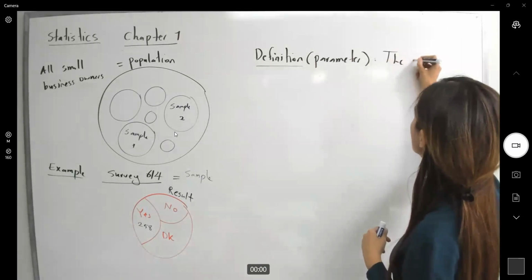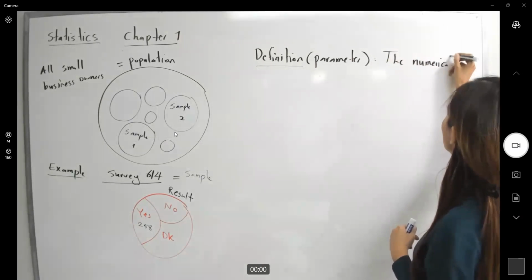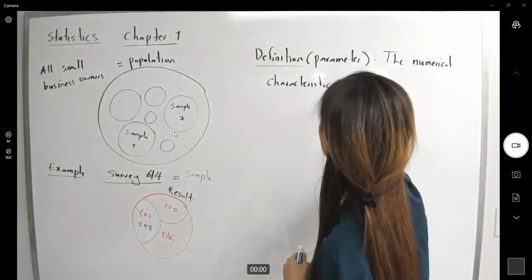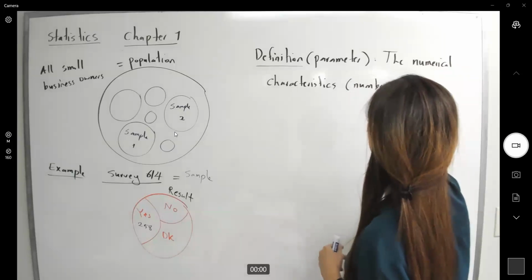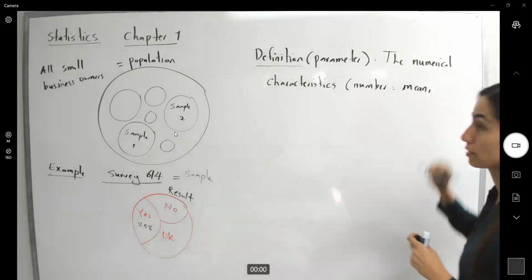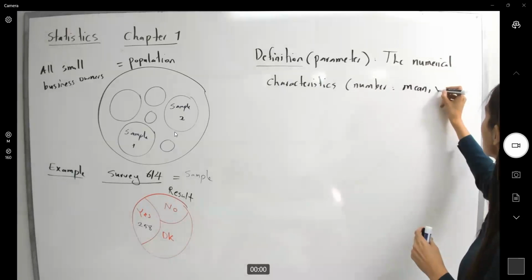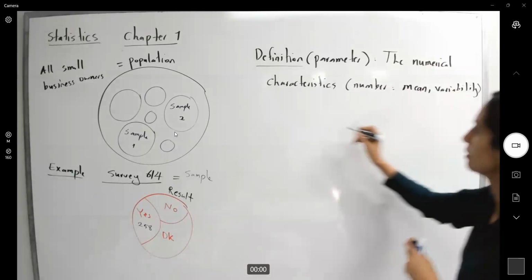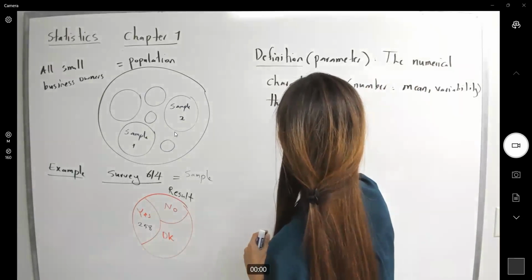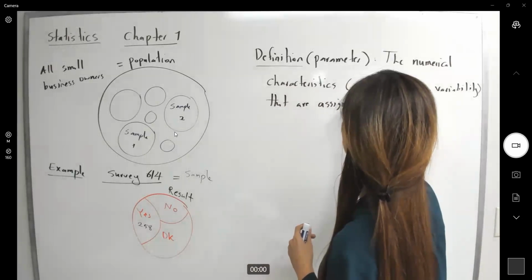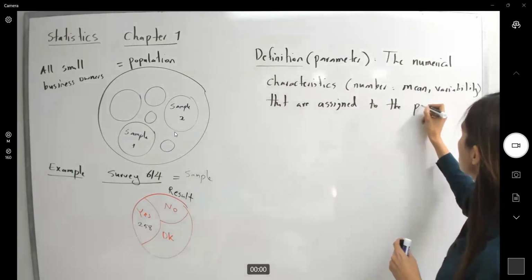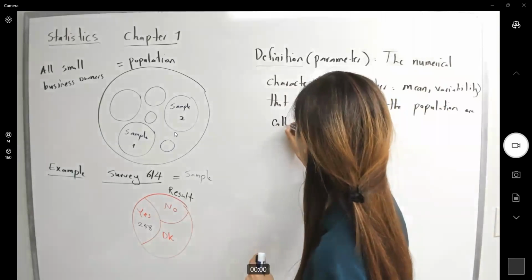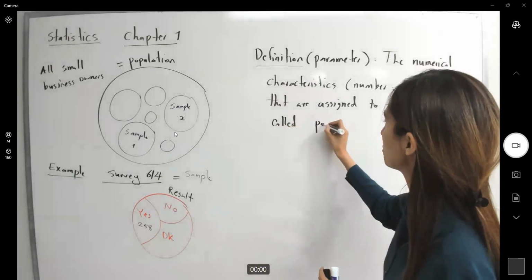The numerical characteristics or just the numbers, like the mean, like the variability, which I'm going to talk about later, that are assigned to the population are called population parameters.